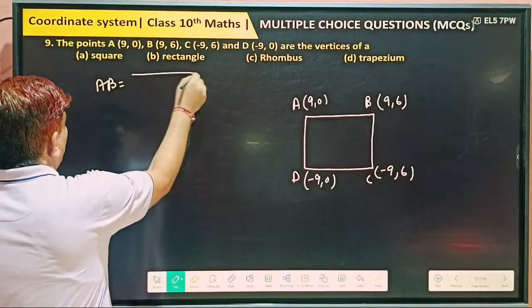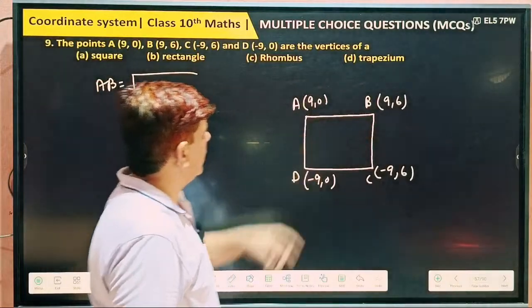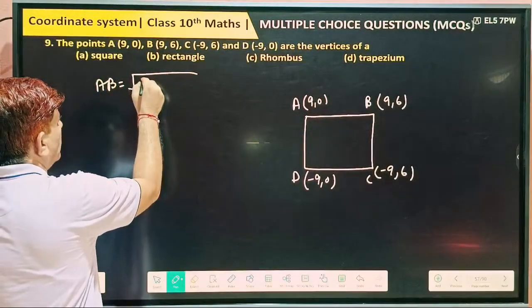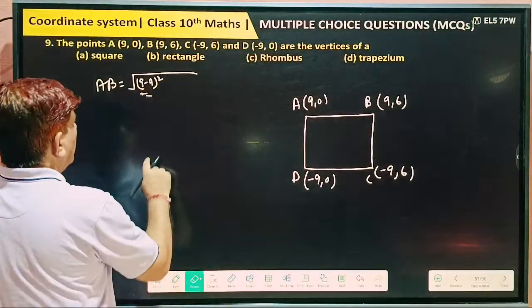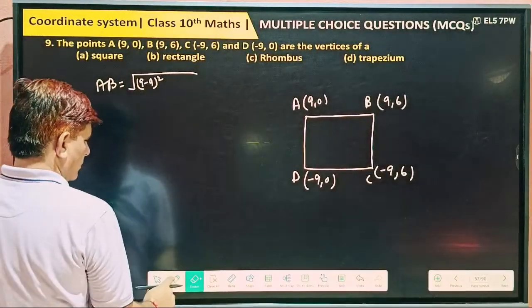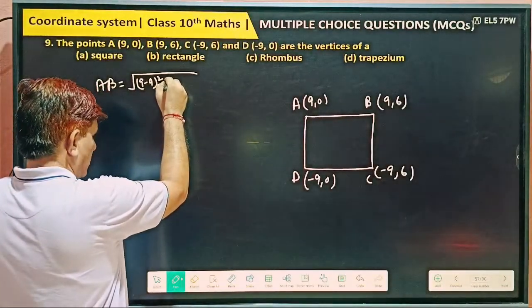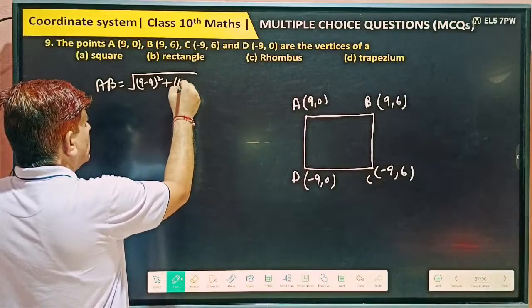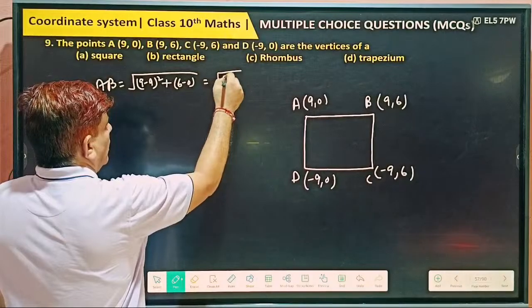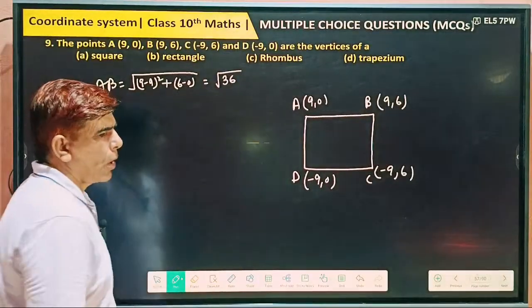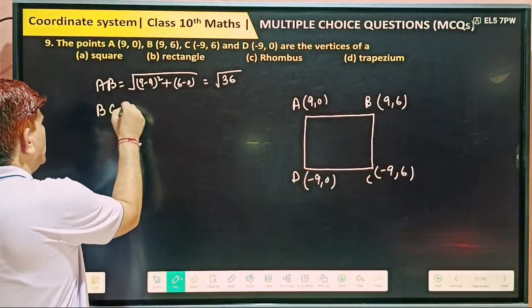AB equals the square root of (9 minus 9) whole square, 0, plus (6 minus 0) whole square, which is equal to the square root of 36. Then we can find out BC by using the distance formula.